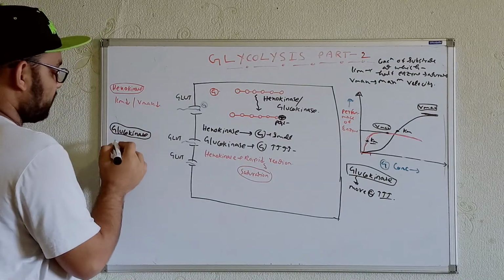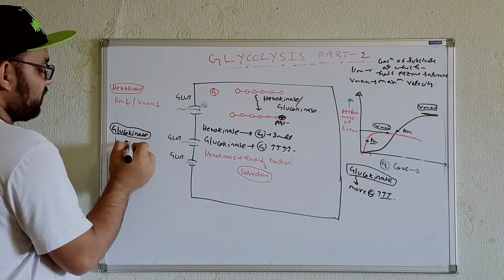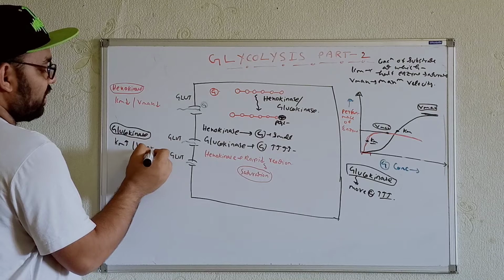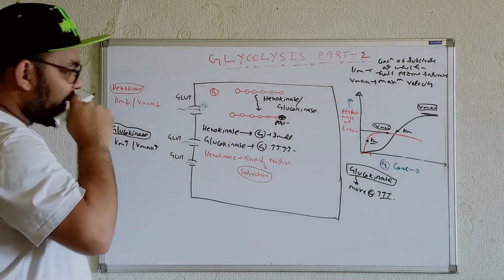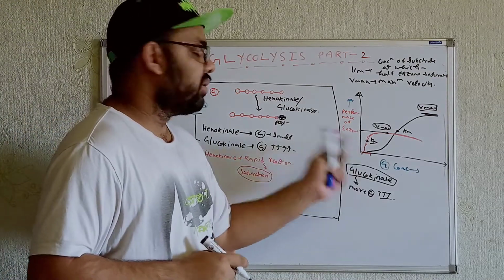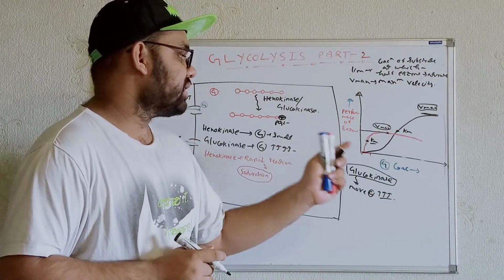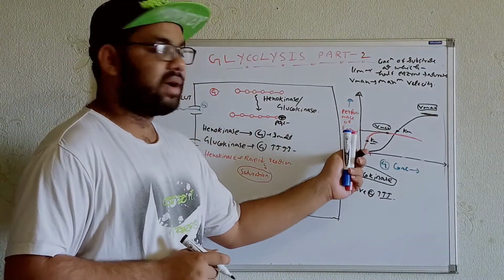So in this case the Km will be more, and the Vmax will also be more. Now see, whenever there is a slight change in the concentration of glucose, the hexokinase will be activated.